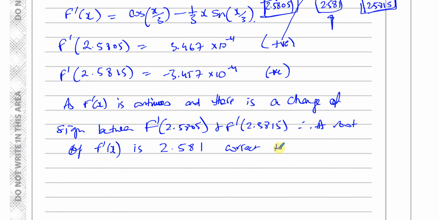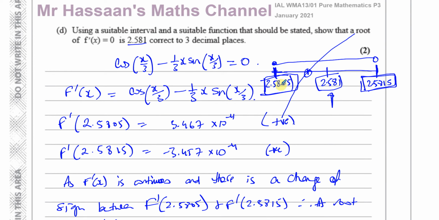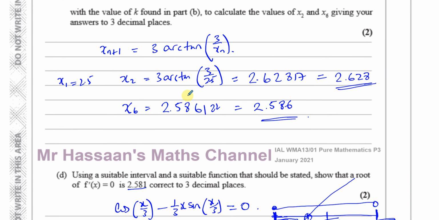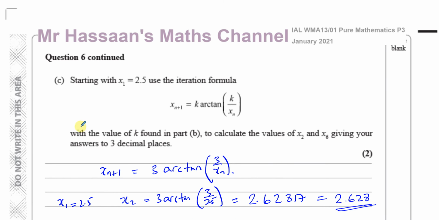Because it's a continuous function and there is a change of sign between those values we put in, there must be a root somewhere between those two values, and that root will round to 2.581. And that's part D of the question finished, and we completed this question.